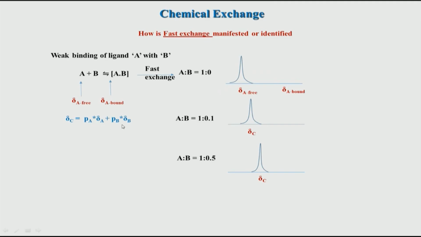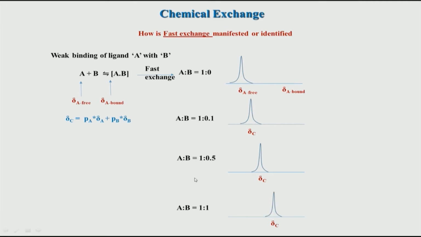So, the peaks are shifting. This is a very interesting thing that you can find out. Suppose you are adding a ligand to the protein, and instead of showing two different peaks like we saw in the slow exchange case, it shows this trend of shifting as we are adding more and more B, it immediately indicates that there is a fast exchange on the chemical shift time scale.